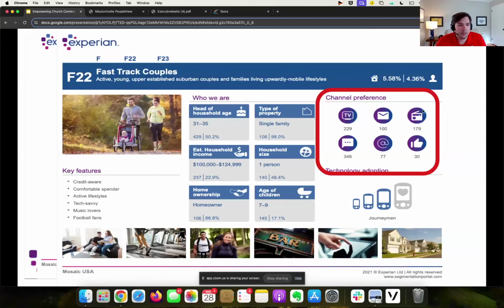Third logo looks like an old school radio. The fourth logo is a text message bubble. The next logo is email. The next logo is a social media like, a little thumbs up button. What I want you to know about this is you see numbers below each of these little icons.